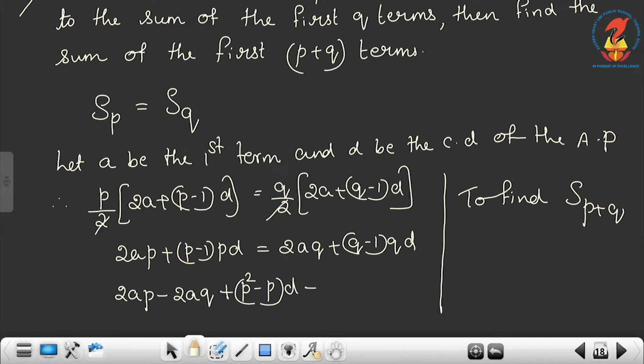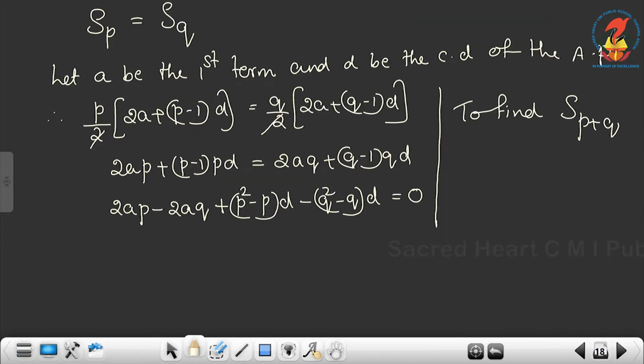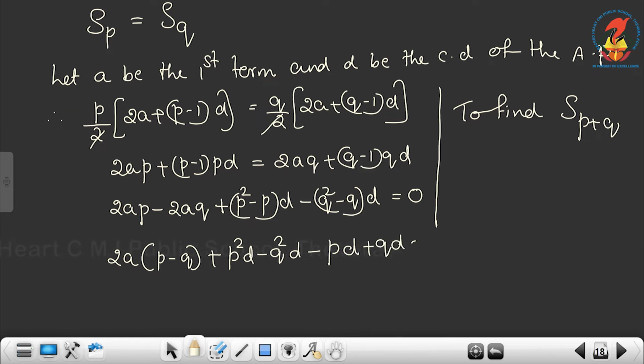Take to the left side minus, open the bracket, q square minus q. Now 2a taking out, p minus q plus p square d, here we have q square d, then minus pd plus qd.